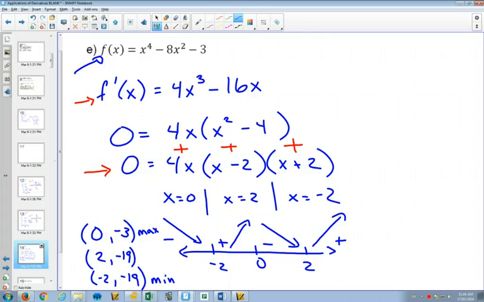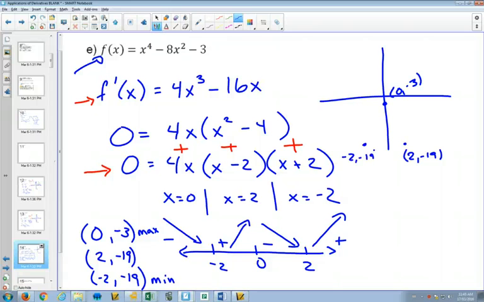So now when we go to sketch this graph, we have some very powerful information. We know some key points. We know at 2, negative 19, negative 2, negative 19, and 0, negative 3, are 3 points on our graph, and they're key points.